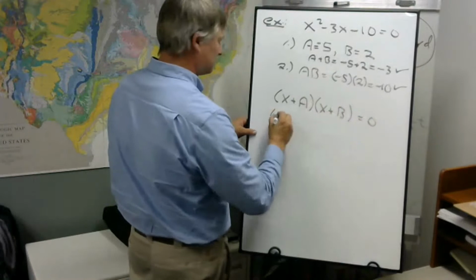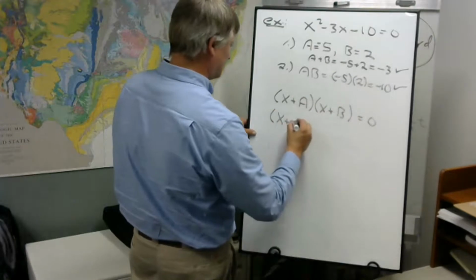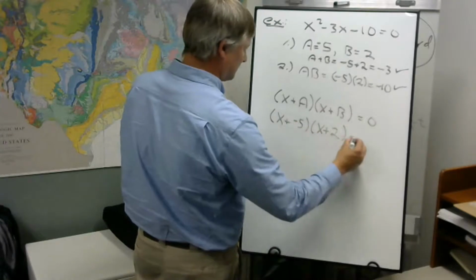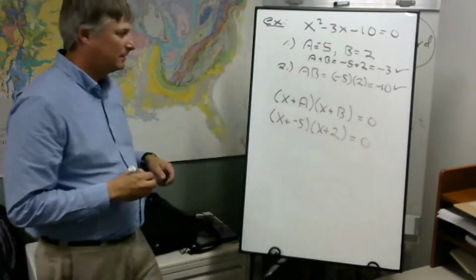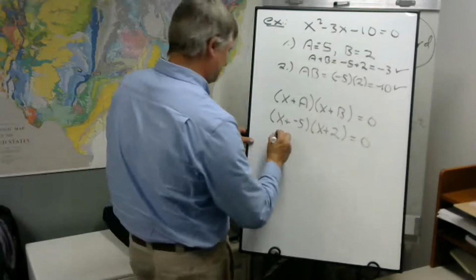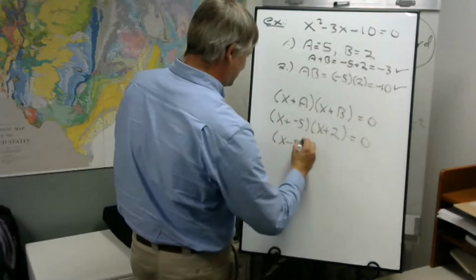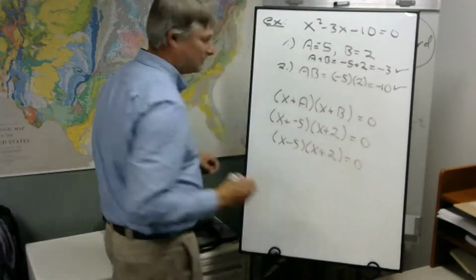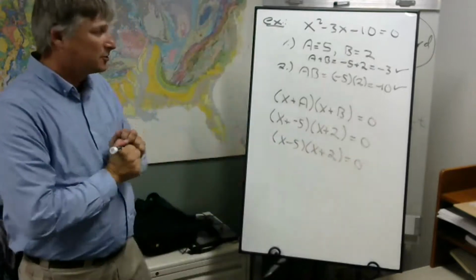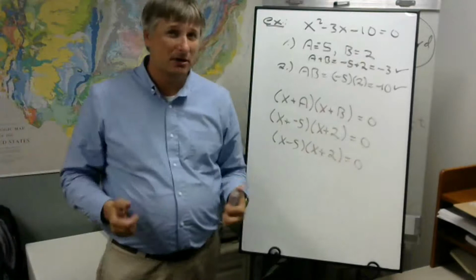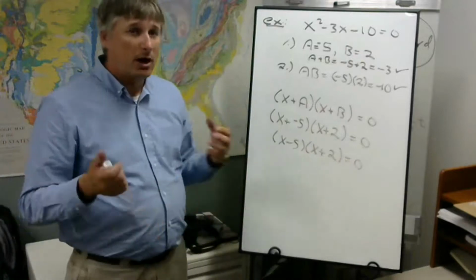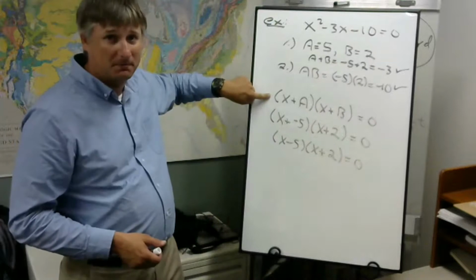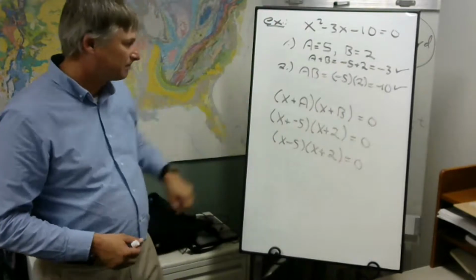Or we can rewrite this as x minus 5, x plus 2 is equal to 0. So when we figure out what a and b are, capital A and capital B, we automatically rewrite our quadratic as this when we fill in the numbers.